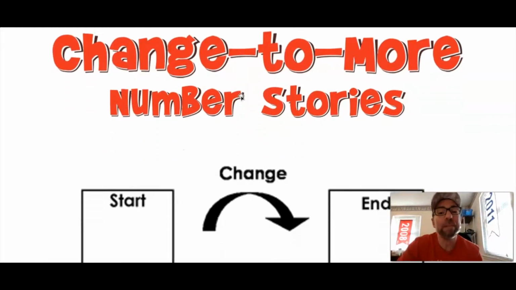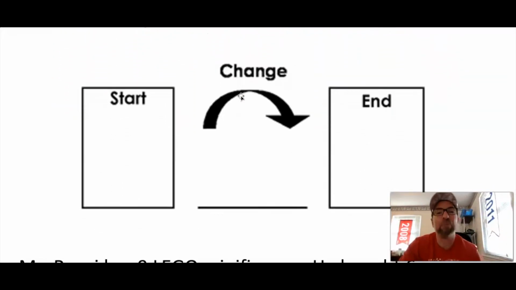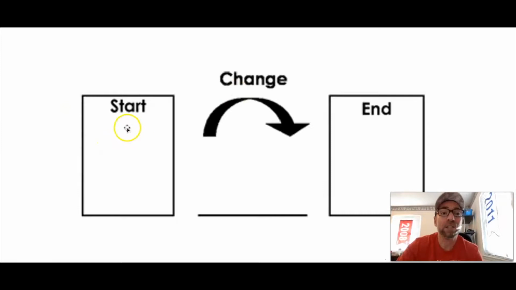Now you might remember this diagram that we used a lot previously in math. This is called a start, change, end diagram. Now I want us to practice drawing a start, change, end diagram on our whiteboard. So let's get our whiteboard and marker ready.